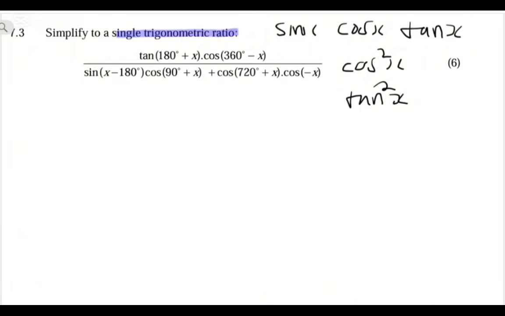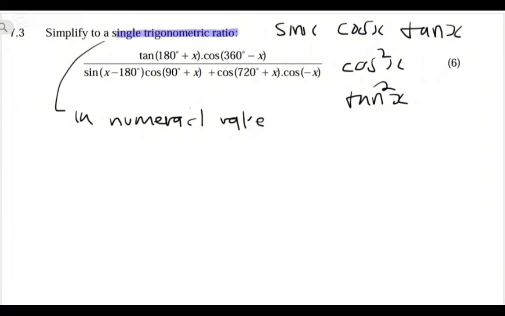They get a certain trig ratio at the end of the day whenever they say simplify into a single trigonometric ratio. And I also wanted to check the ones where they say simplify into a numerical value.